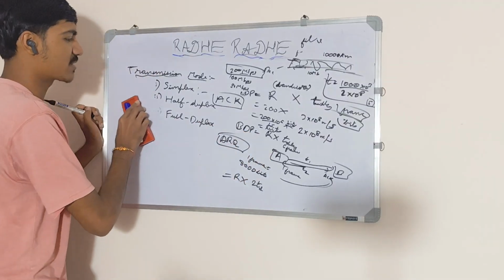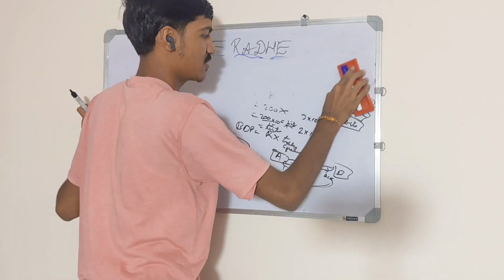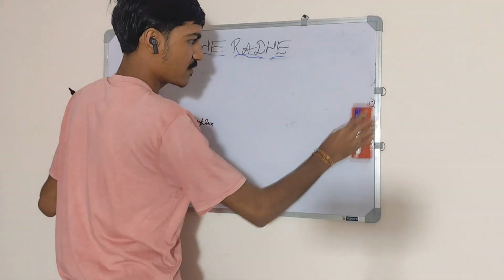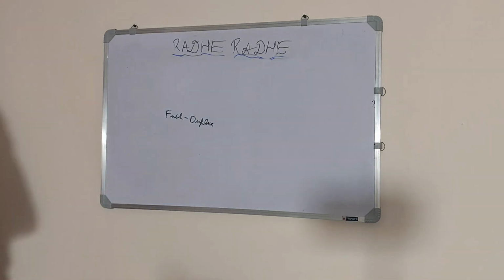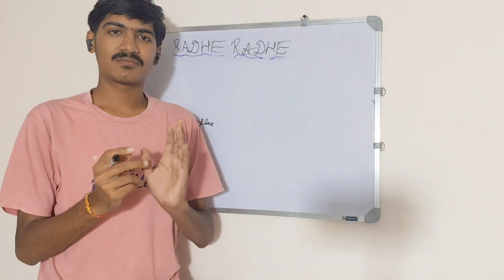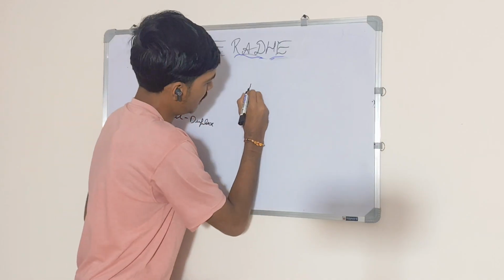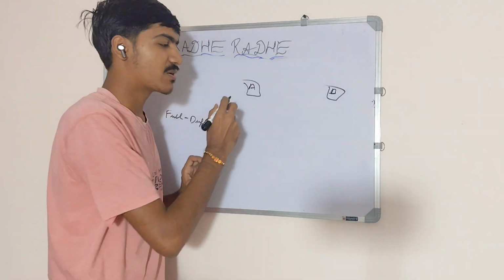Now you understood what half duplex is, what simplex is, and what full duplex is. Now what is full duplex? You know the definition. A can act as both sender and receiver. B can act as both sender and receiver.